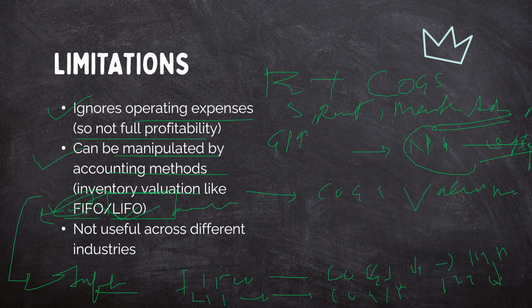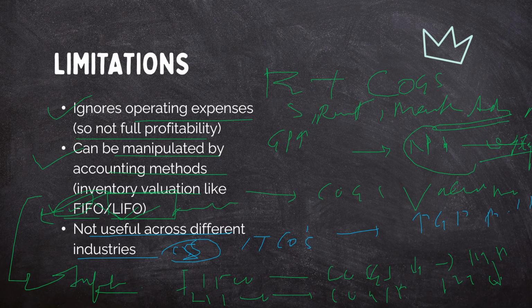Last but not the least, it is not useful across different industries. Different industries have different cost structures, as we discussed previously, so GP margins vary widely. For example, if we are talking about software or IT companies, they have a high GP margin because their production cost is low.